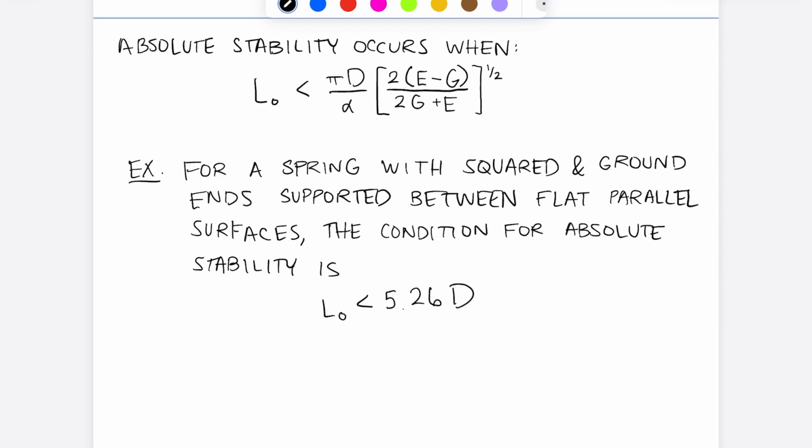Okay, so I encourage you to take some time and try to plug in some values into this equation to get this same result given the conditions outlined in this example.